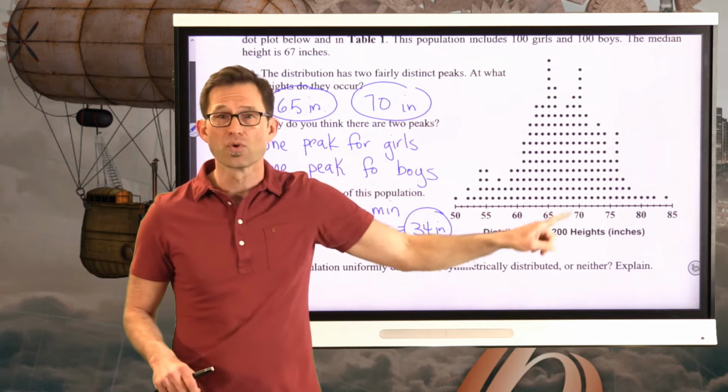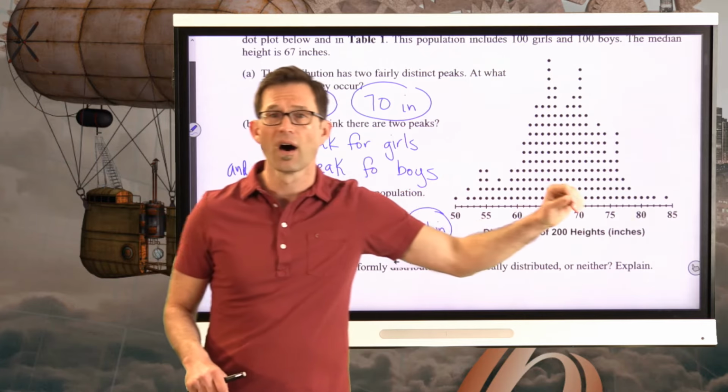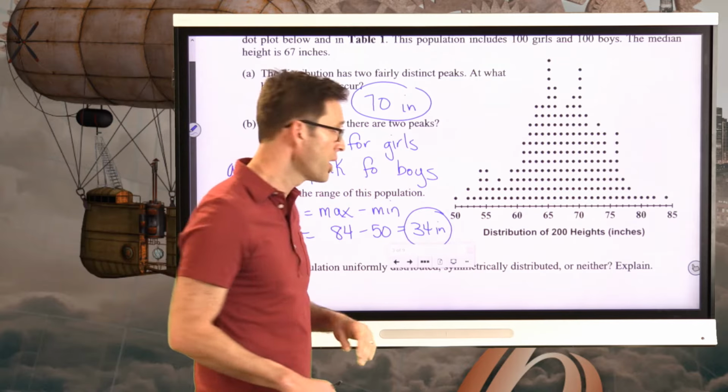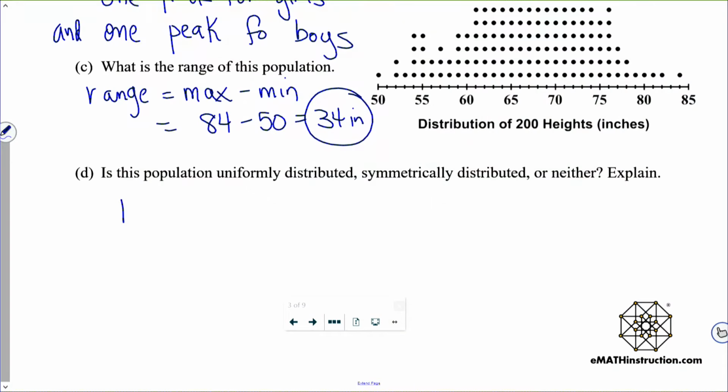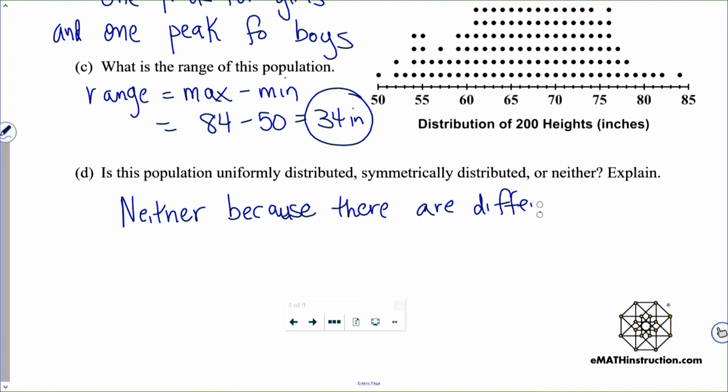But a symmetric distribution would mean that it looked exactly the same on this side as it does on this side. So I would actually say neither, because there are different numbers of data for each category.